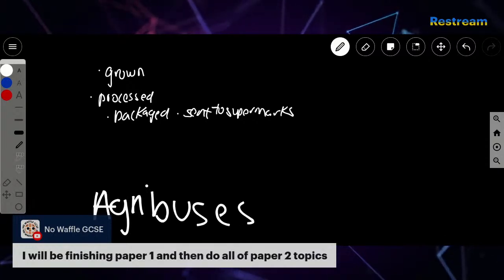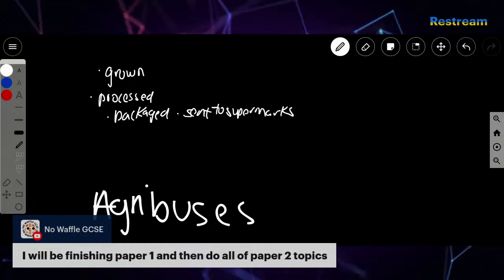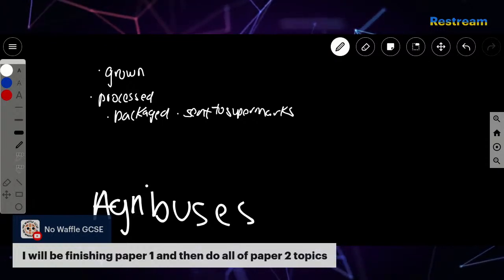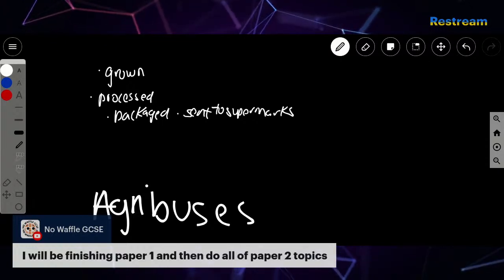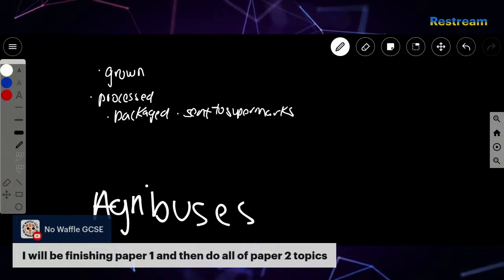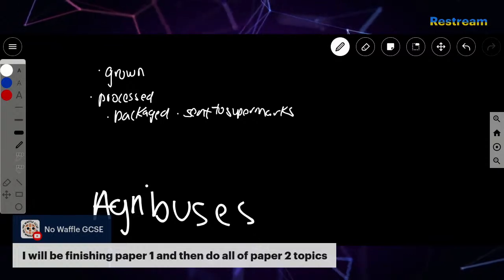Imagine these massive, massive farms, and they're controlled by large companies. Now, these tend to mean that a lot of the fertilizers used are often cheap but are made to appeal to the customers. So we definitely need to think a bit more about how we're choosing to eat our food.